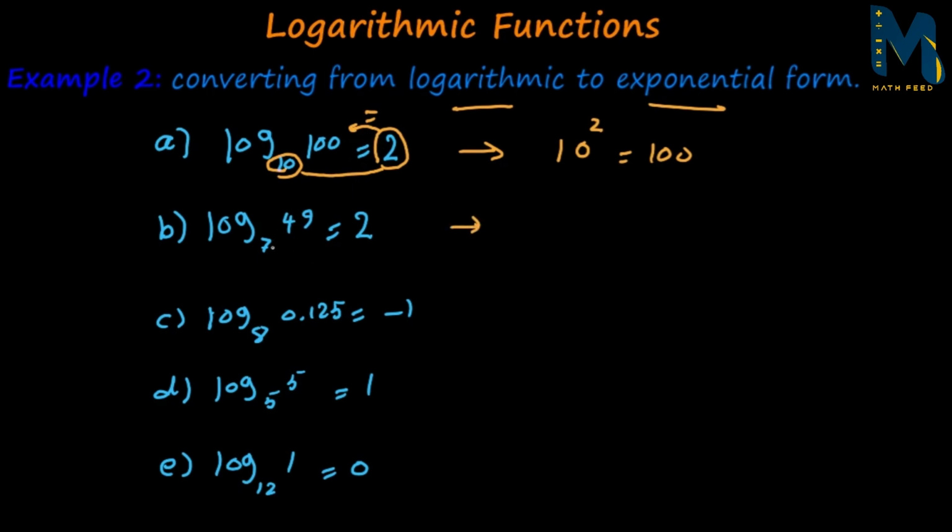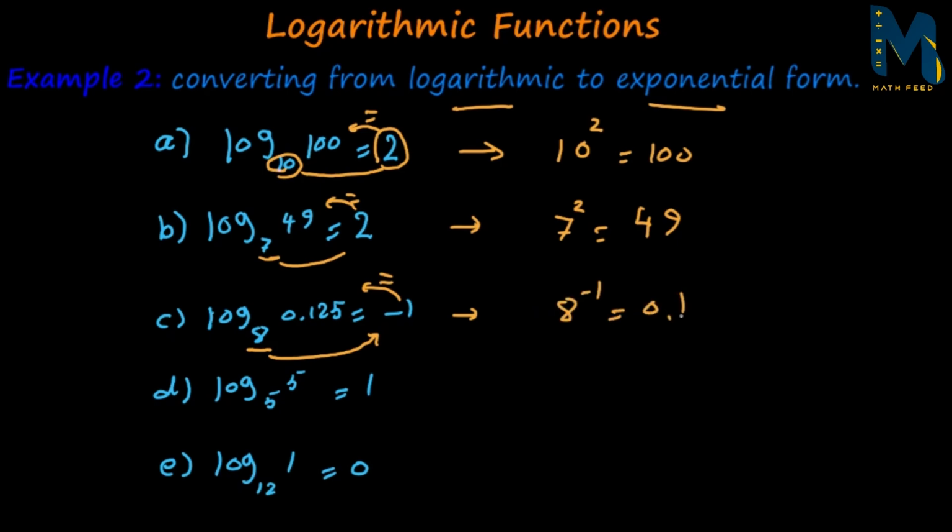Let's try this example. 7 to the power 2 equals 49. So it will be 7 to the power 2 equals 49. This is how simple it is. We have 8 to the power negative 1 equals 0.125.